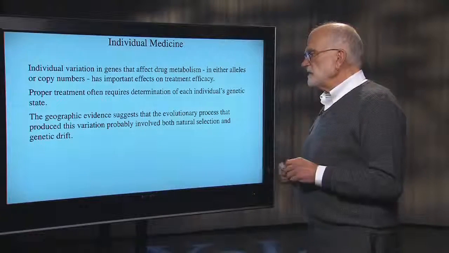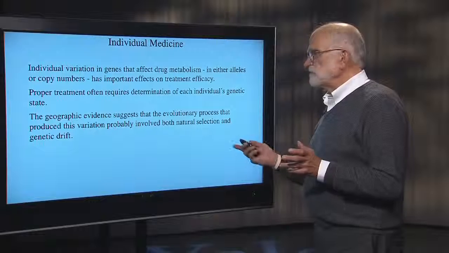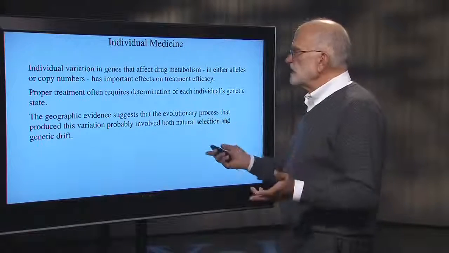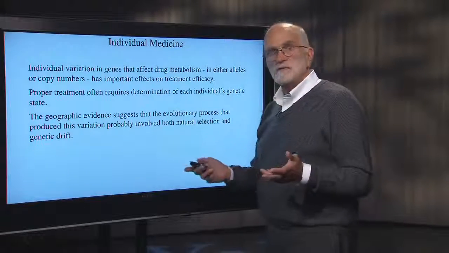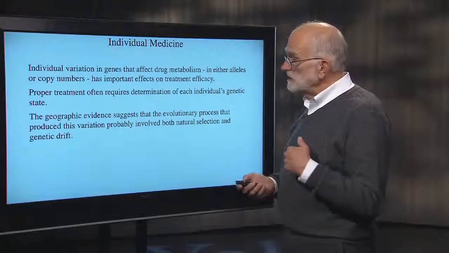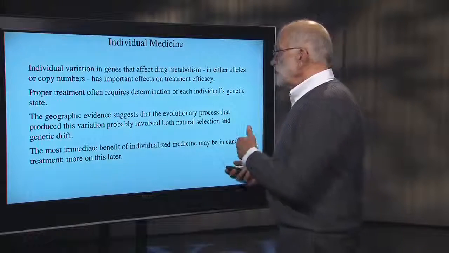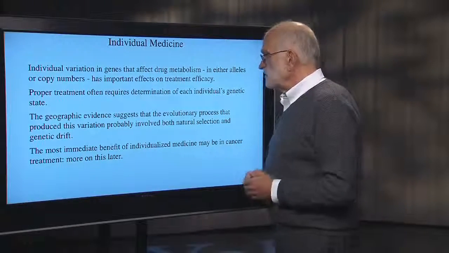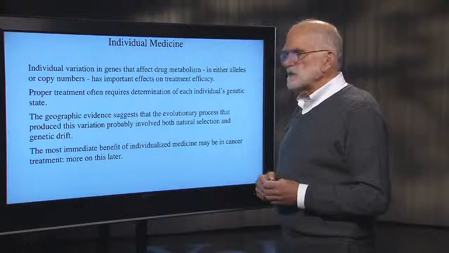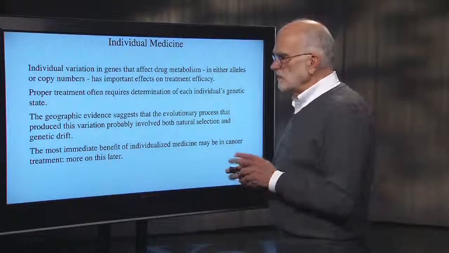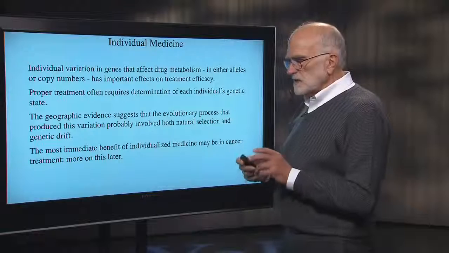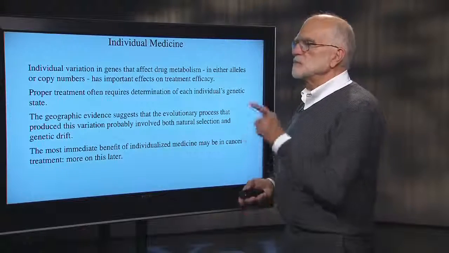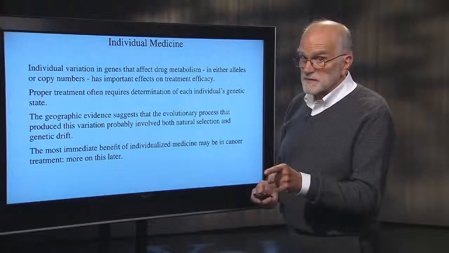And the geographic evidence suggests that the evolutionary process that produced this kind of variation evolved through both natural selection and drift. And the most immediate benefit of individualized medicine might be in cancer treatment. That means that we might design cancer treatments that will be effective against the particular cancer in this particular individual.